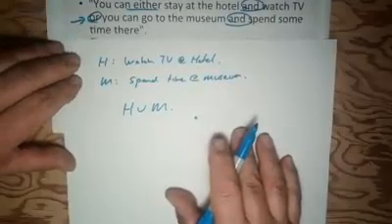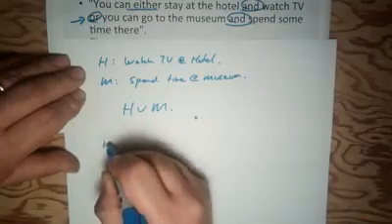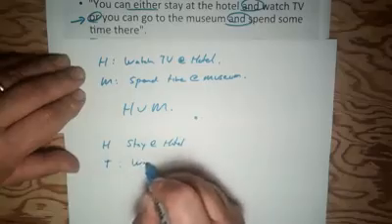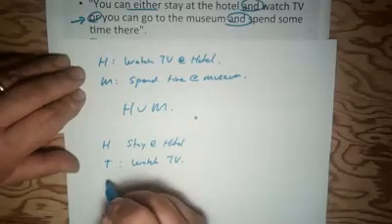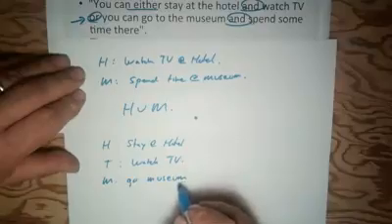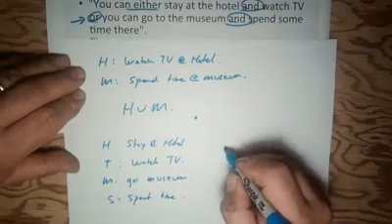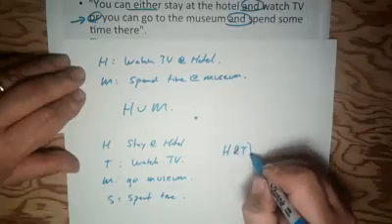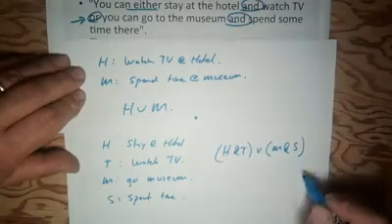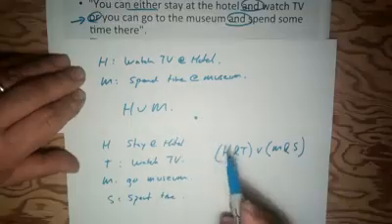It wouldn't be wrong to do something like, let H be stay at hotel, and T watch TV, and M go to a museum, and S spend time, and then we would have H and T, or M and S. But that's way less elegant and a whole lot more work for what amounts to the same thing.